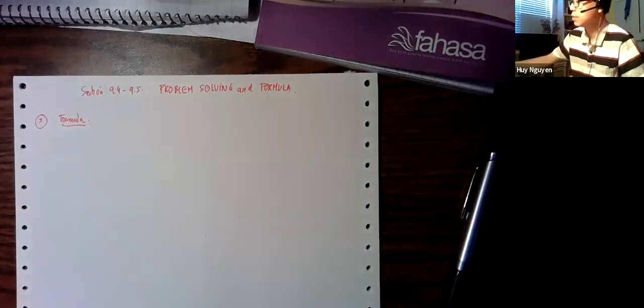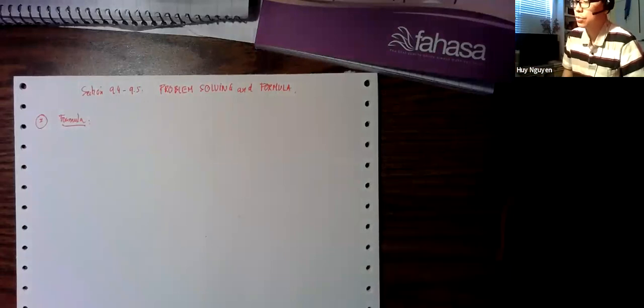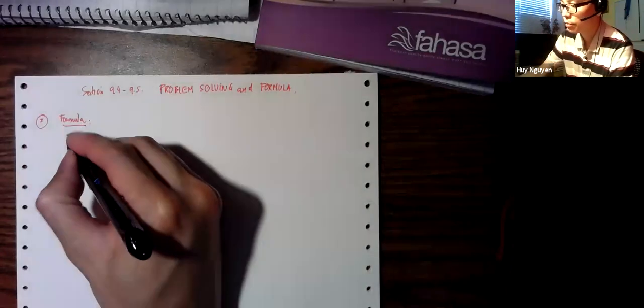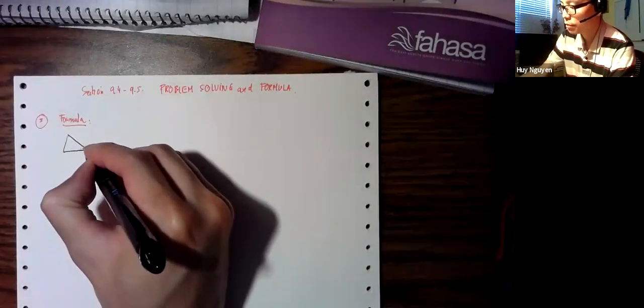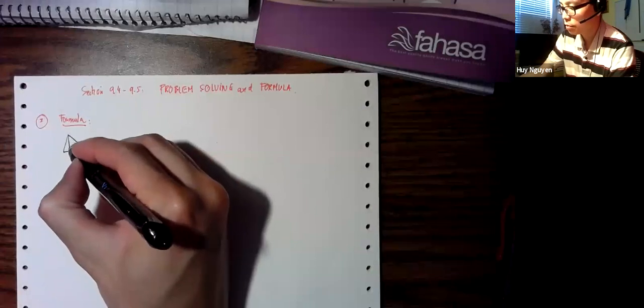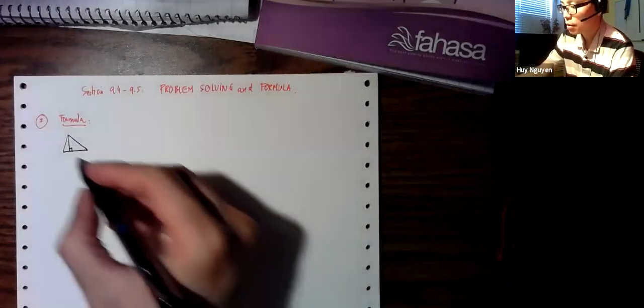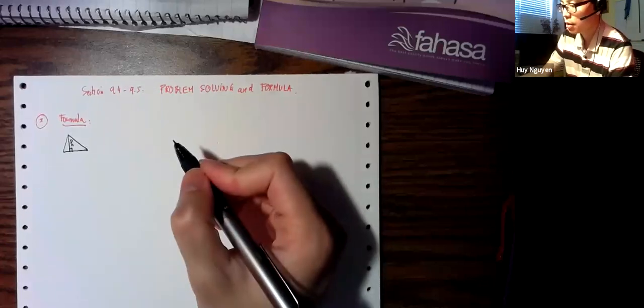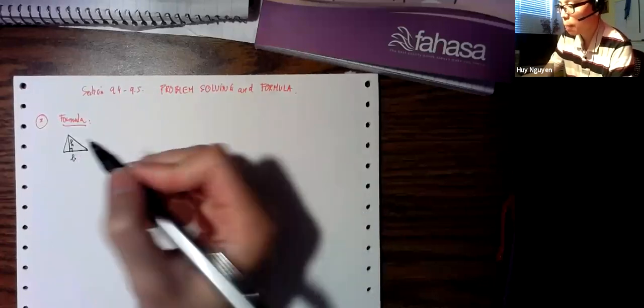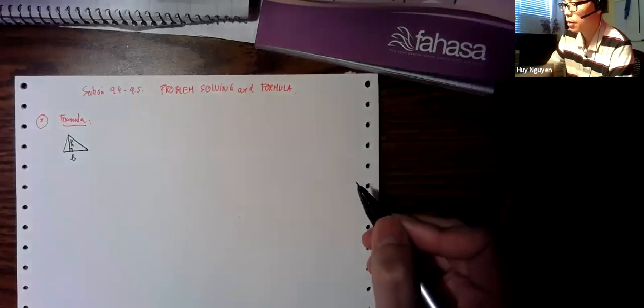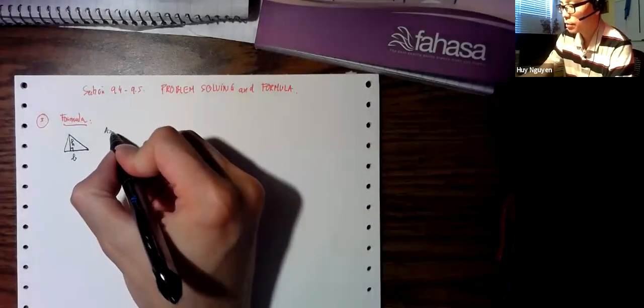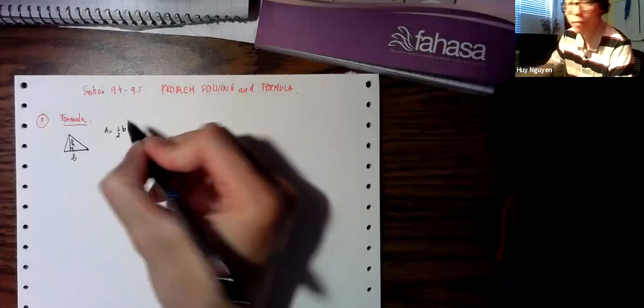Some very important information you may use to set up a linear equation for the word problem. So we have several shapes. A triangle, and this is the altitude. H represents the height, B represents the base. In order to find the area of a triangle, it is one half base times height.